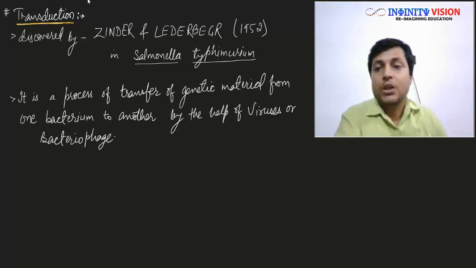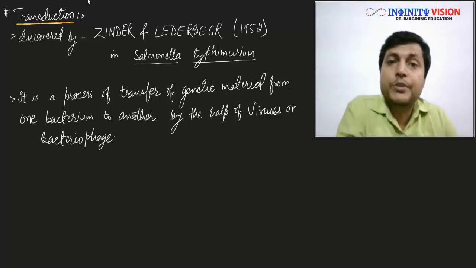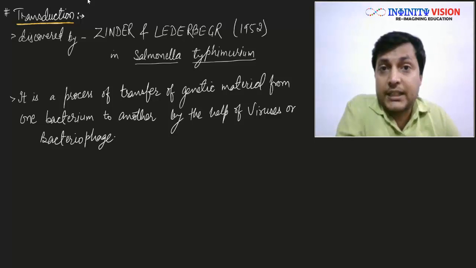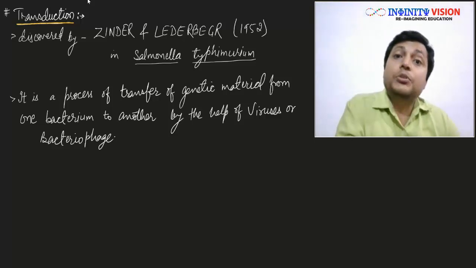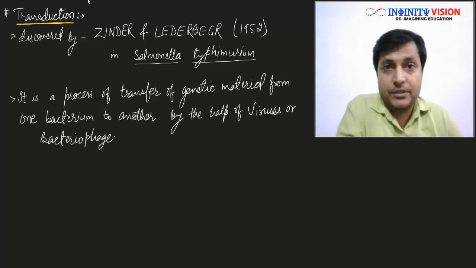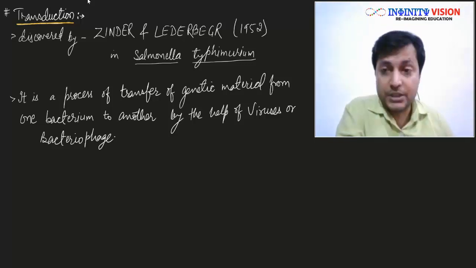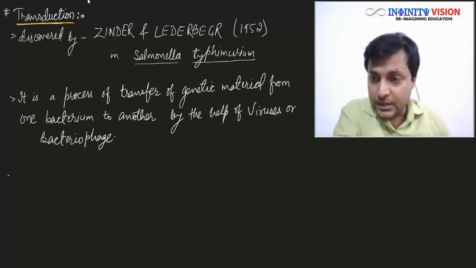So what is transduction? It is a process in which the genetic material, that is DNA, of one bacterium is transferred to another bacterium by a virus. Now, this virus is bacteriophage. What is bacteriophage? Let us first understand.